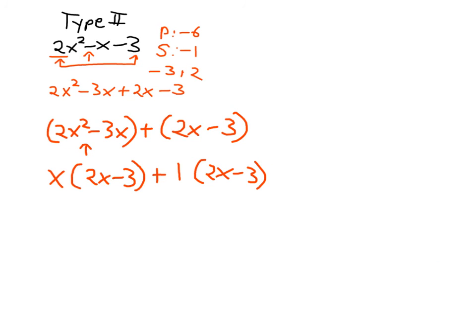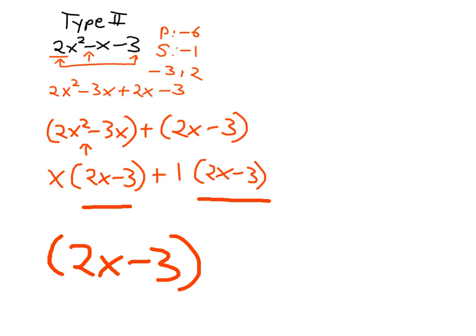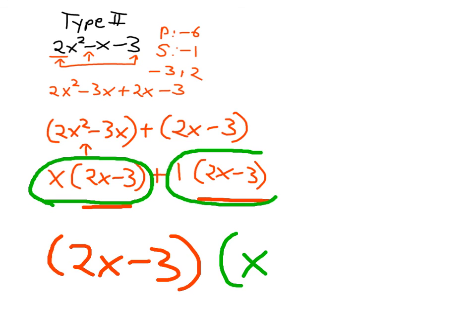So you remember that if these two brackets are not the same, then you've done something wrong. So now we can factor this bracket of 2x minus 3 out, which means that if we're factoring 2x minus 3 out of this first piece, we are only left with x, and if we're taking 2x minus 3 out of this piece, we're left with plus 1.